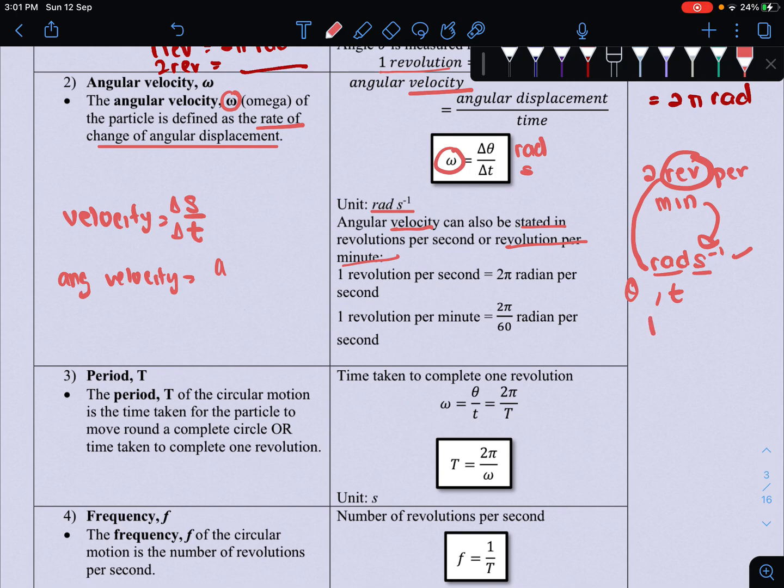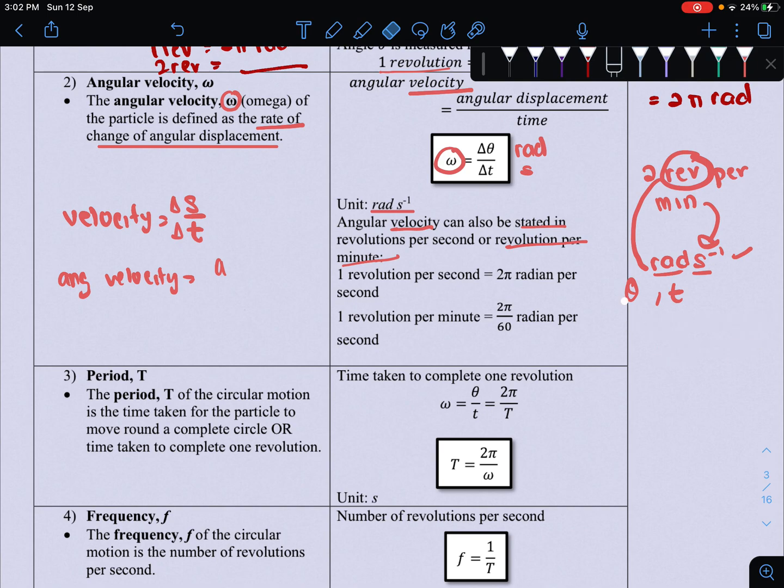Okay, 1 minit bersamaan dengan 60 saat. Okay, 1 revolution bersamaan dengan 2 pi radian. So unit yang kita nak adalah second dan juga radian. So you're going to convert 2 revolution darab dengan 2 pi lah, bahagi dengan 60 saat itu. So now you can get the unit of revolution, radian per second.